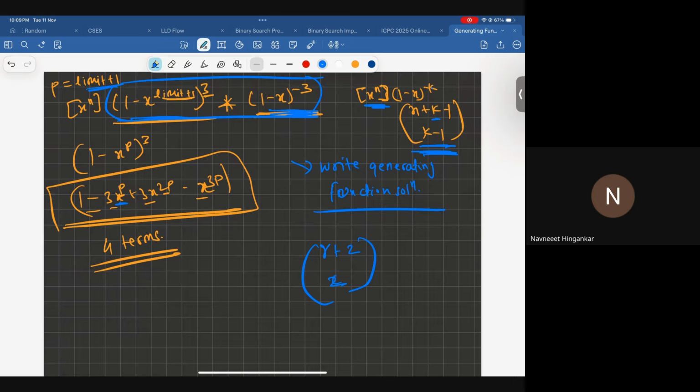All we need is the coefficient of x raised to the power n, so n equal to any power here. Like let's say I consider x raised to the power p. So here I need the total power, as this is basically the coefficient of x raised to the power r, so I need the coefficient of n minus p in the second polynomial.